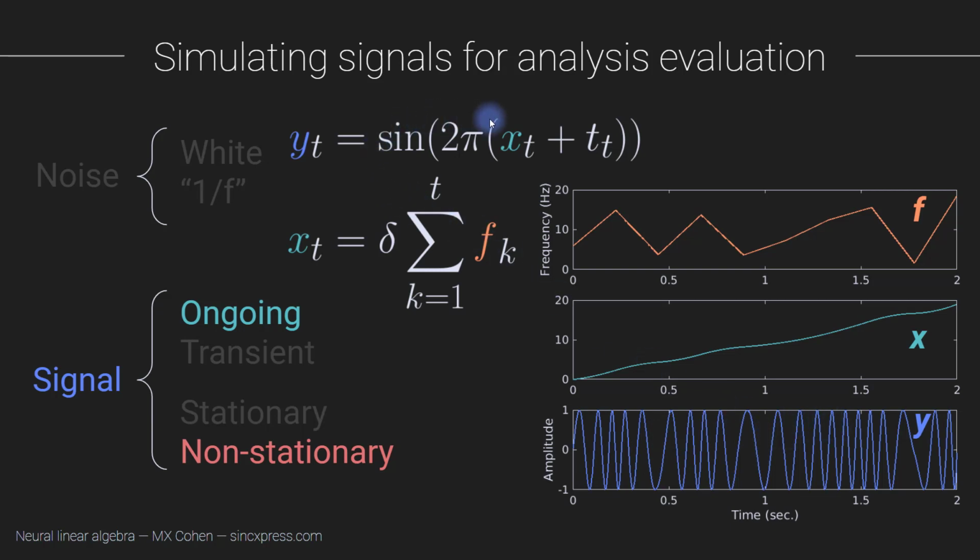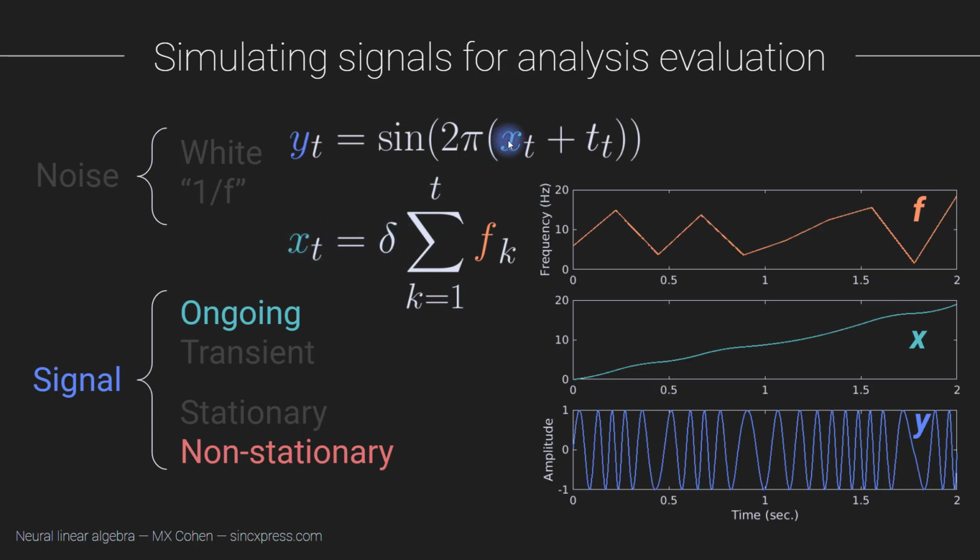This is the set of formulas that governs this time series. What you do is you start with a vector f that is the instantaneous frequency that you want the signal to have. Then delta is the data sampling rate, and t is time, so k would be each individual time point. And this generates some other vector called x.